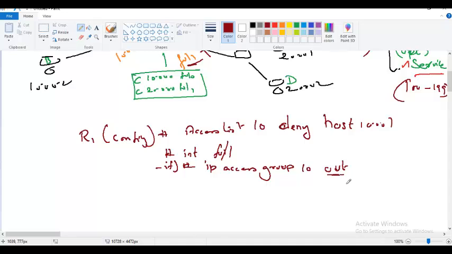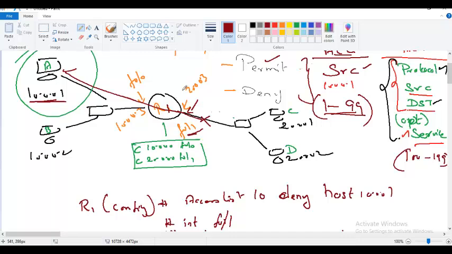When should I use out? You see, when the traffic is about to go out on this port, not in, because you are focusing on this direction, right? Traffic is in this direction. So from the firewall, from the router, when it is going out, you need to take this action. What action? Deny. Will you say in there?